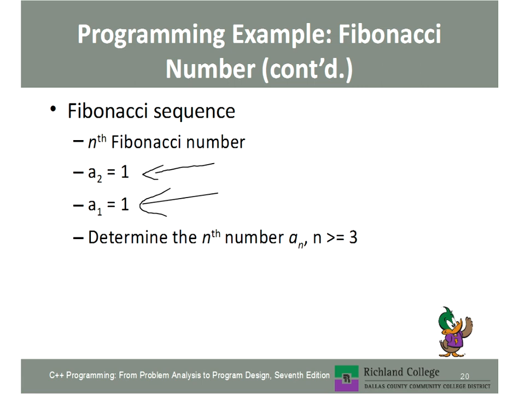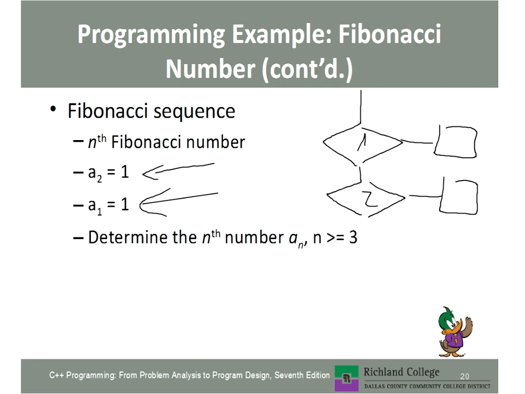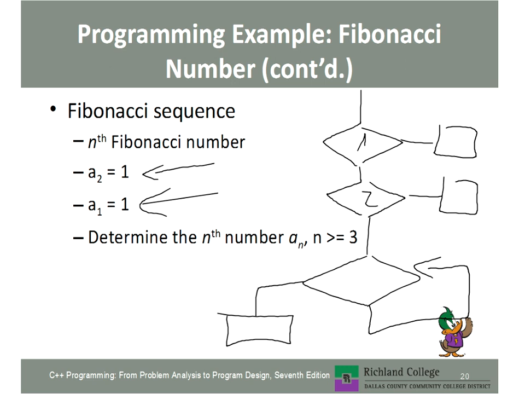But the third Fibonacci number is going to be the sum of the prior two values. Okay? So in that case, you're going to have an if statement, right? And then else if it's the first one, if it's the second one, you're just returning a particular value. Else, we have to iterate around until we get the nth value.